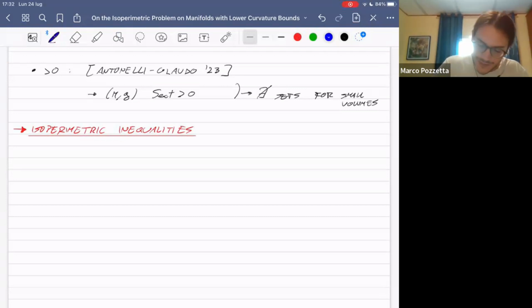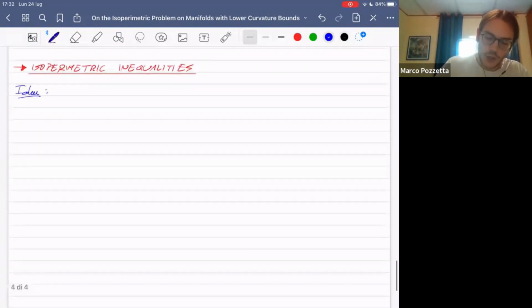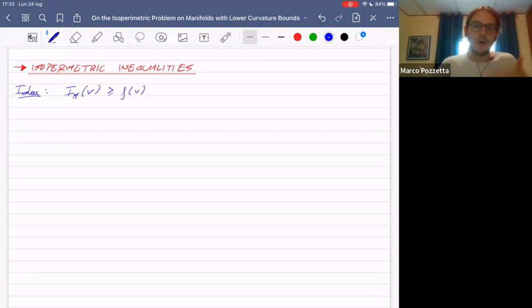Now, what is an isoperimetric inequality, by the way? The idea behind this word is to give a lower bound on the perimeter of any set. More precisely, to give a lower bound on the isoperimetric profile function. So if I say that the isoperimetric profile is greater or equal than some function of the volume, then in this course I will call it an isoperimetric inequality.